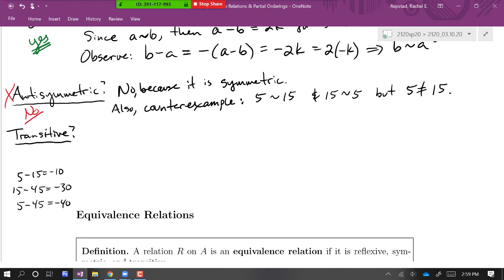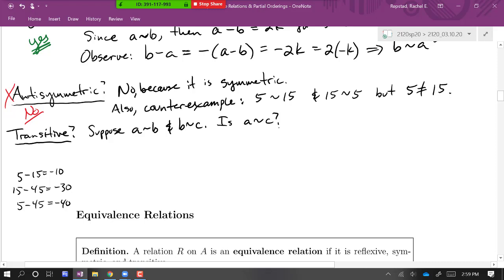All right, so let's see if we can write out this argument. Let's suppose A is related to B and B is related to C. We want to answer the question, is A related to C?